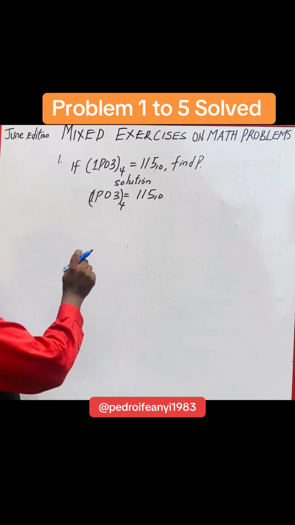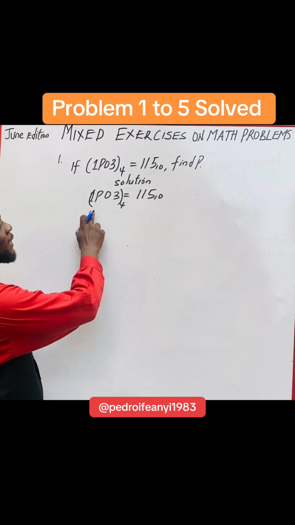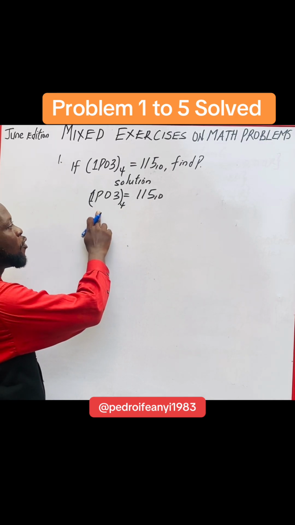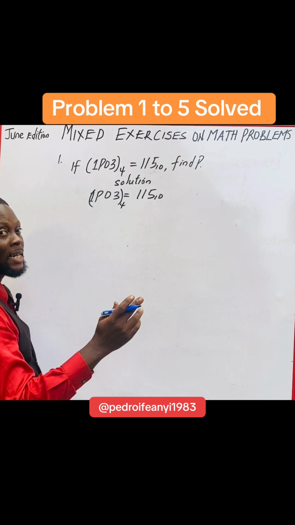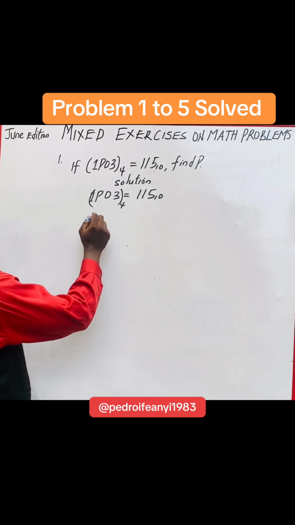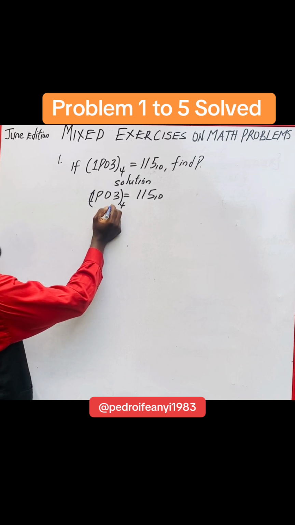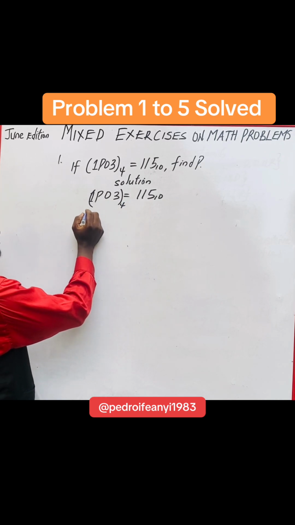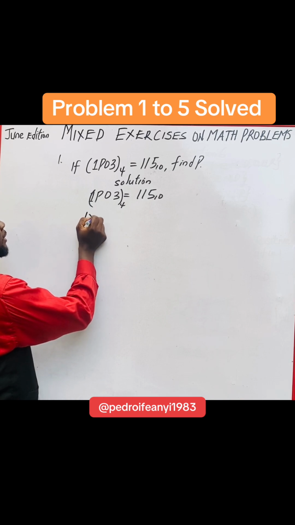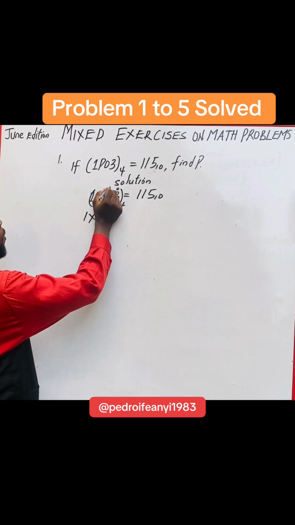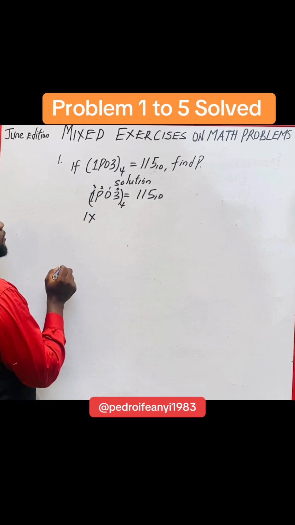So quickly, what you do is convert this base 4 number to base 10 and simplify. Right, so let's see how to convert this. We say 1 times, so the places are 0, 1, 2, 3.